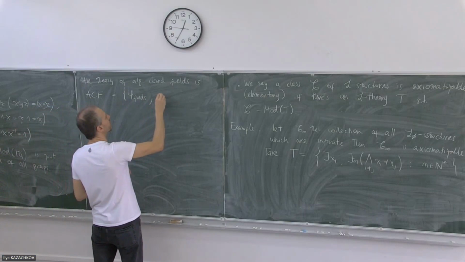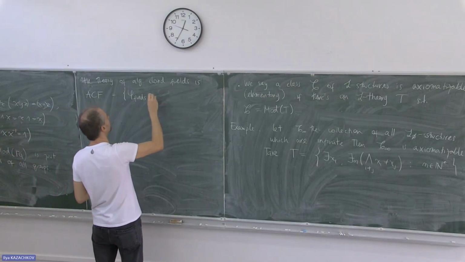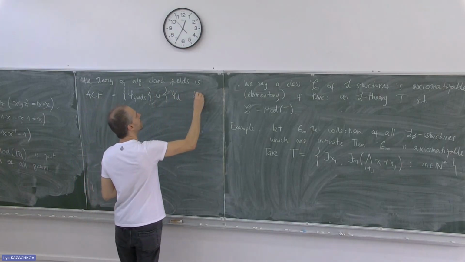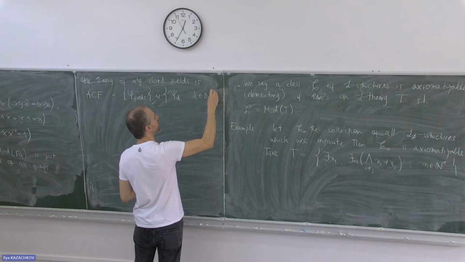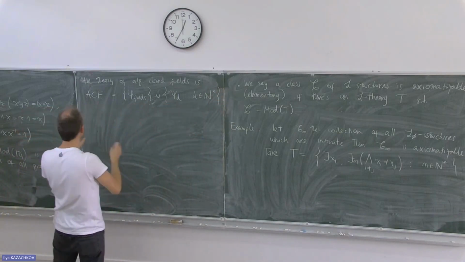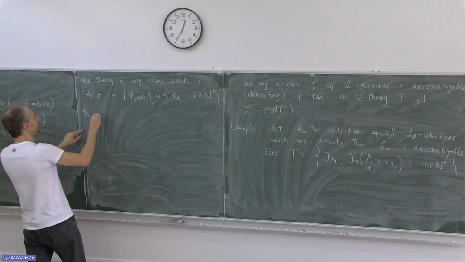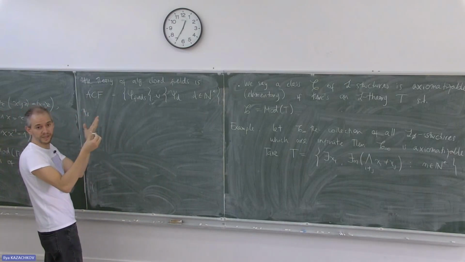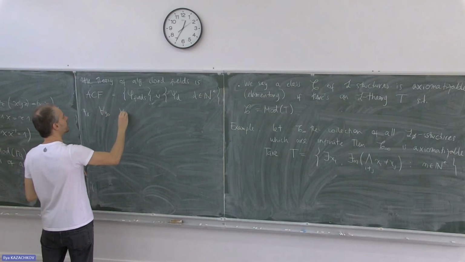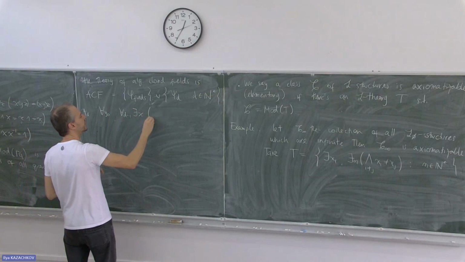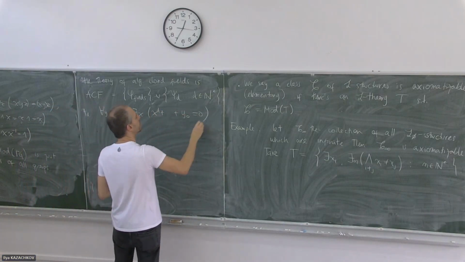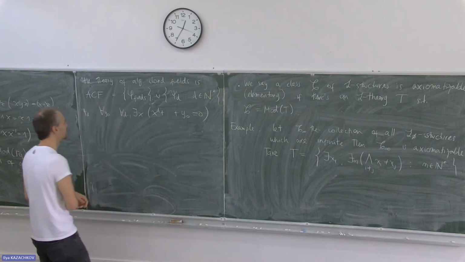together with all these sentences, union, all these sentences psi d that we discussed previously, right? Recall this sentence psi d was just saying that every monic polynomial of degree d has a root: for any y0 up to y d minus 1, there exists some x such that this polynomial is 0.